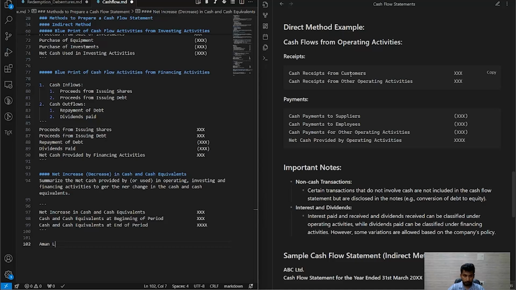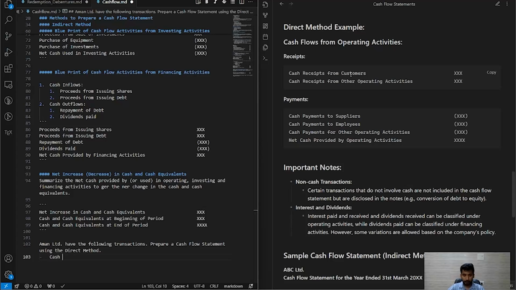Aman Limited has the following transactions. Prepare a cash flow statement in the direct method. Let us dive in.